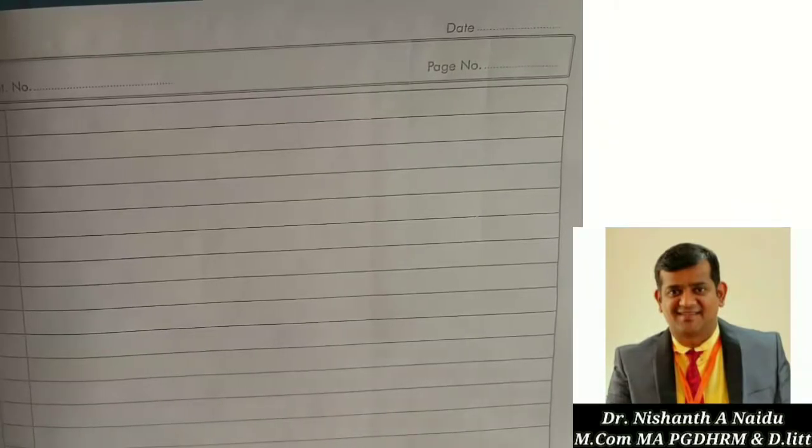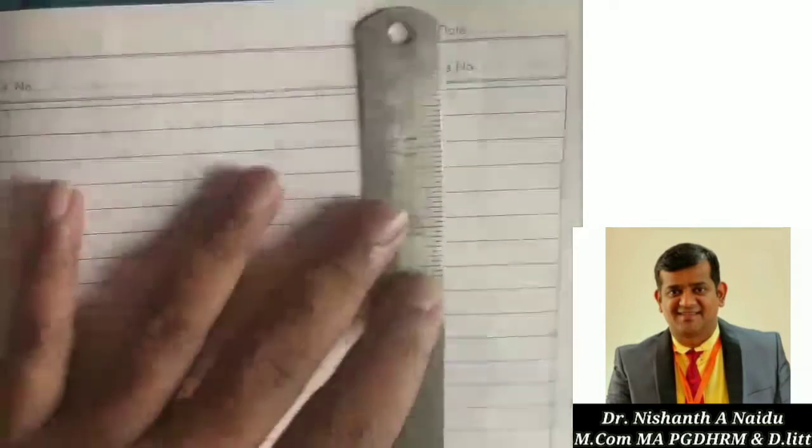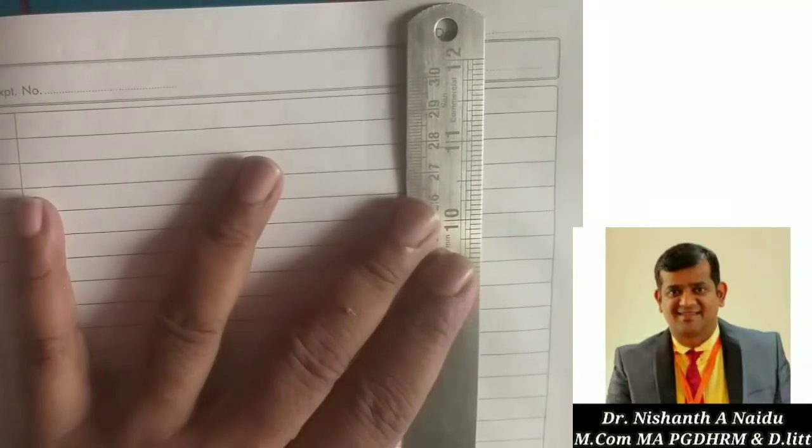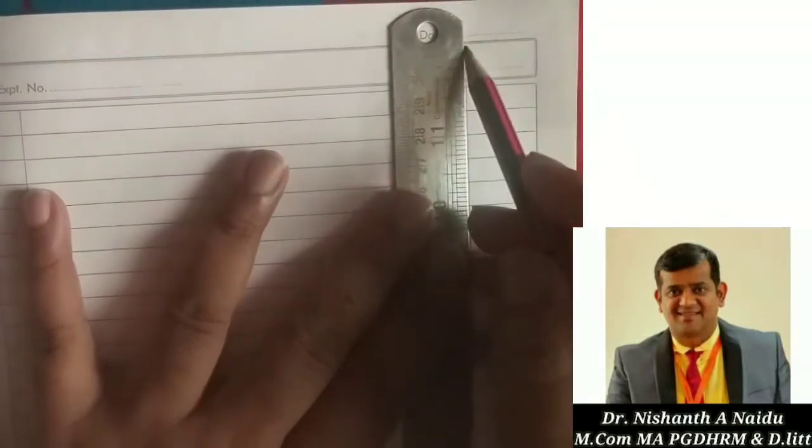Yes, students, first we are supposed to prepare a revenue account in the books of AG Fire Insurance Limited. Let us prepare a table for the same.